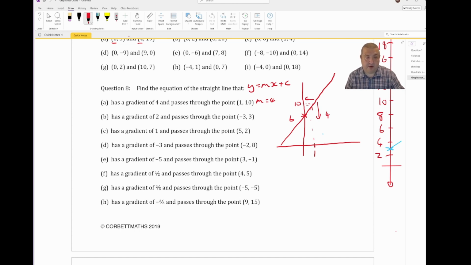So our value for C here is going to be 6. Therefore, our equation for this will be y equals 4x plus 6.